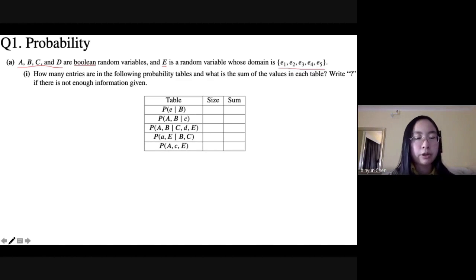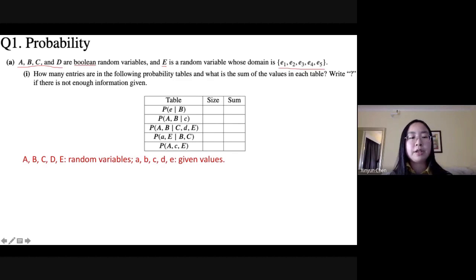Before we go into the actual questions, let's clarify the notations first. For capital letters A, B, C, D, and E, they mean random variables. But when we use lowercase letters, they mean that we have already set some values for the corresponding random variables.